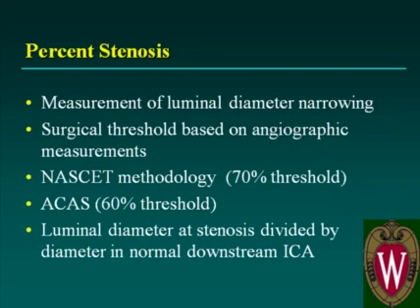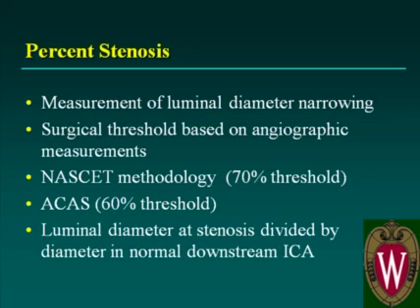When you do measure the luminal diameter narrowing, typically there's 2 ways of doing it. Most programs do it using what's called the NASCET criteria. That's an acronym of N-A-S-C-E-T. And the NASCET criteria is based on the North American Symptomatic Carotid Endarterectomy Trial.